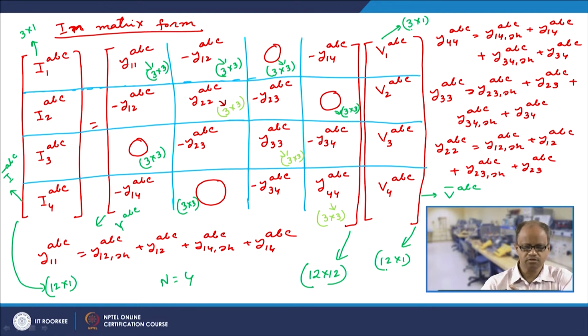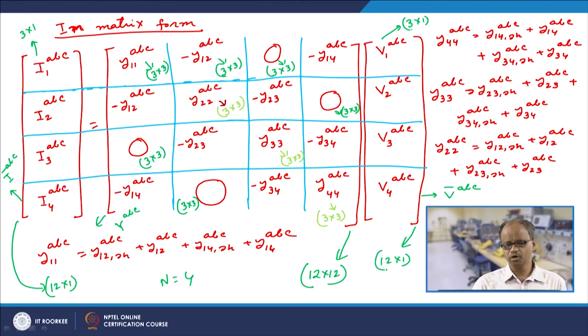Here in this case also, the diagonal 3 cross 3 matrix is nothing but the sum total of all 3 cross 3 admittance matrices connected directly to that particular bus, and the off diagonal 3 cross 3 matrix is nothing but the negative of the 3 cross 3 series admittance matrix connected between any two buses.